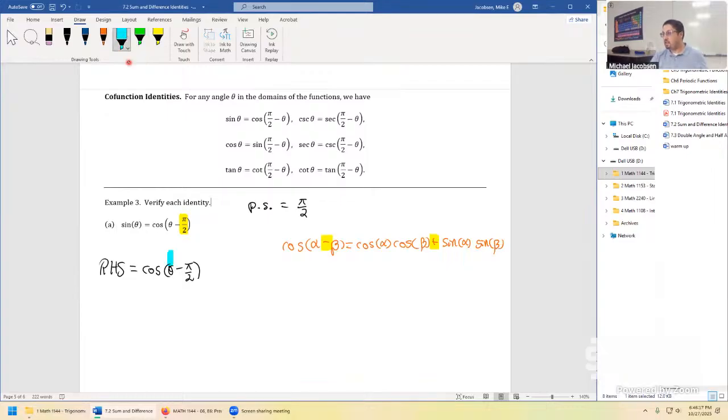Our alpha and beta are these two. So we can just throw that into that difference formula for cosine immediately and see what happens. This will turn into cosine alpha minus beta. So it's cosine theta, cosine pi over 2, plus sine theta, sine pi over 2.